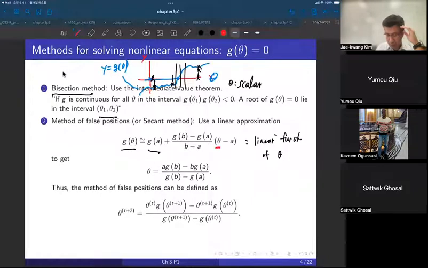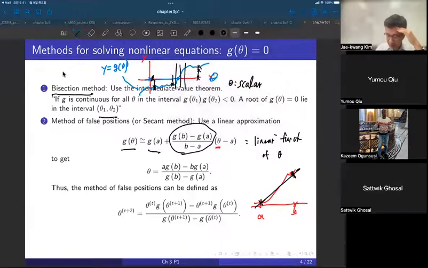You have two points, so you just compute the slope: this is G(B), this is G(A).